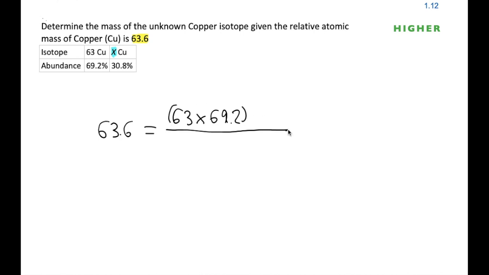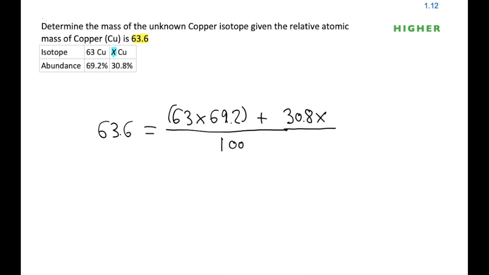We do this with the second isotope. We're not actually given the value of X, so it's 30.8 times X. We'll just write 30.8 X. And the sum of all the abundances, which is what we put on the denominator, is 100 when you add these two numbers up.